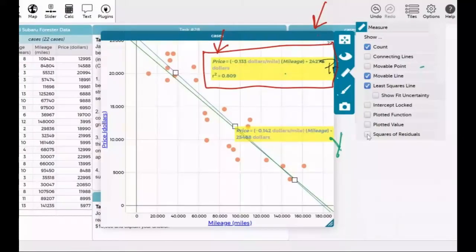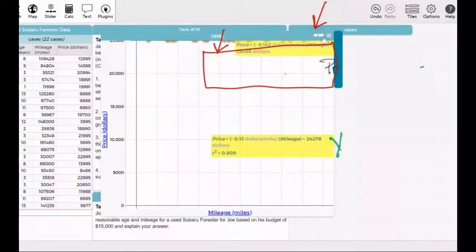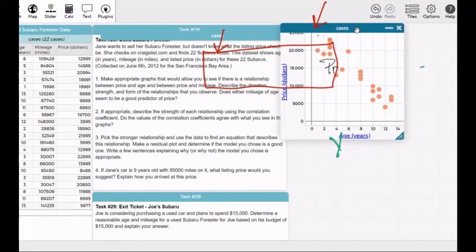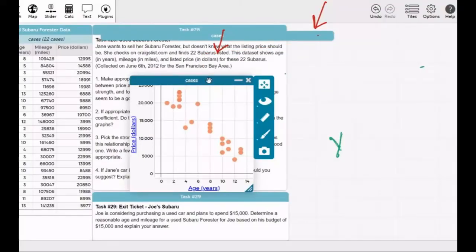Okay. Now, let's take a look at the other graph really quickly. This is similar, but this uses price and age, not mileage.